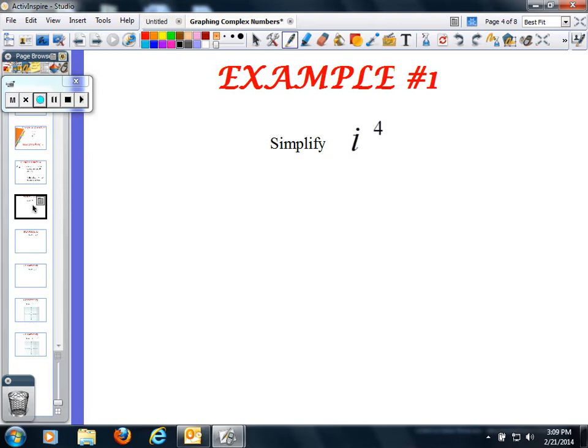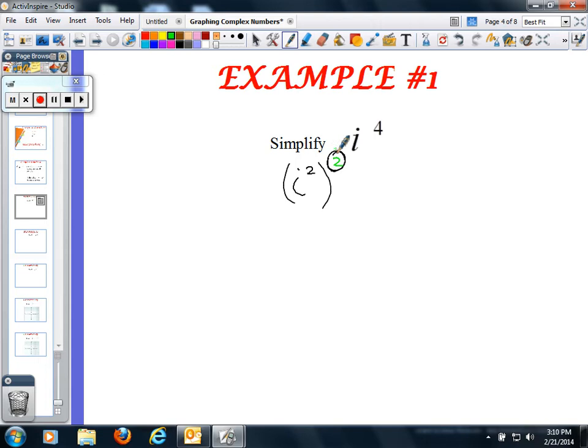We have talked briefly about this and how to do this. So let's go ahead and look at it again. I want to write this as i squared to some exponent here. The easiest way to do that is to divide this by 2. So the number I would put in here would be 2, because 2 times 2 is 4. Our exponent rules tell us that when you raise a power to a power, you multiply the exponents, and that is what gives us this exponent here.